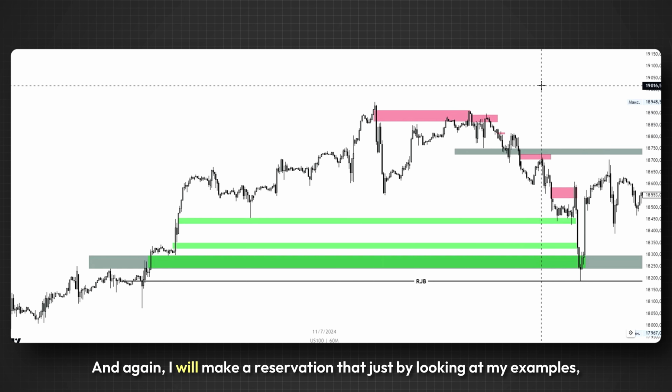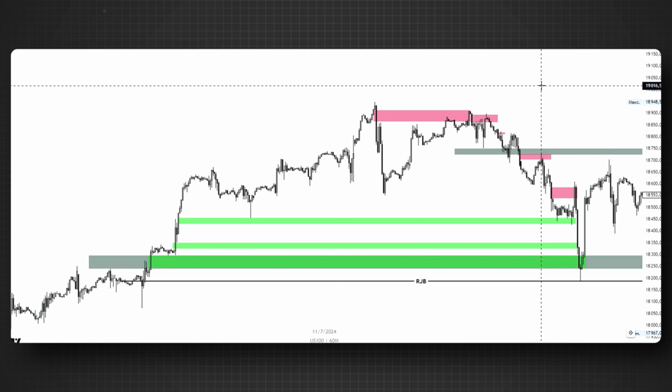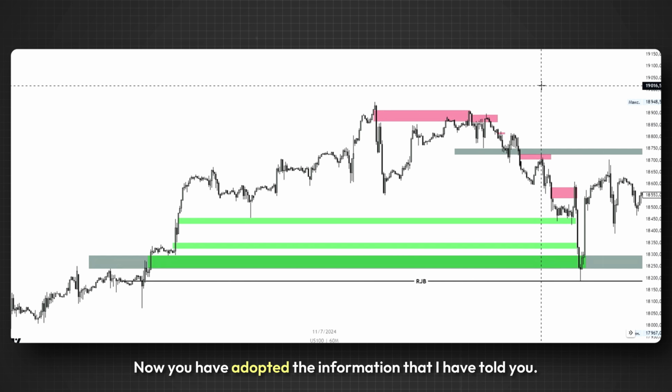And again, I will make a reservation that just by looking at my examples, it does not mean that now you have learned the truth, now you have adopted the information that I have told you. No, I'm just pointing out the points. And your task now is on the charts, on the instruments that you're trading.